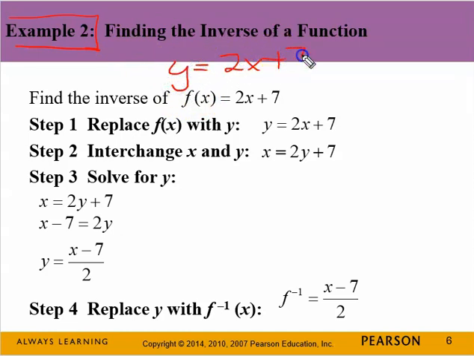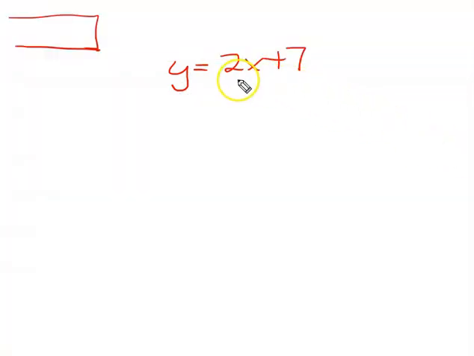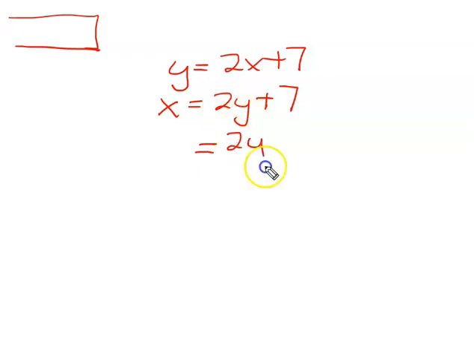2x plus 7, going to our whiteboard. So we're going to switch the x and the y around. This becomes an x. This is 2y plus 7. We're going to solve for y, so we got 2y. X minus 7. Divide both sides by 2.